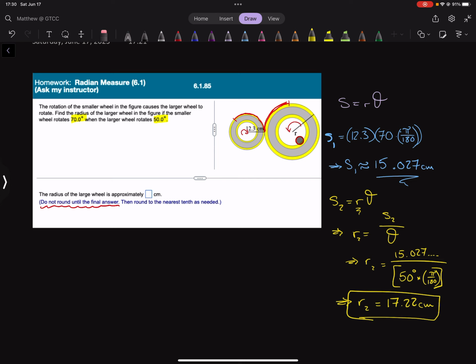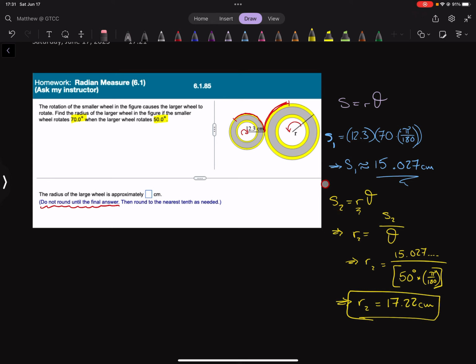For the second figure, we're not given the radius. We are given the amount of rotation, the 50 degrees. Based on our calculation of the arc length of the first one, we've also inherited that arc length for the second. So out of these 3 parameters for the larger wheel, we know the arc length and the amount of rotation, and we're looking to find the radius.